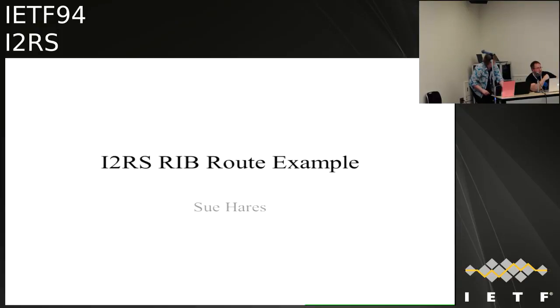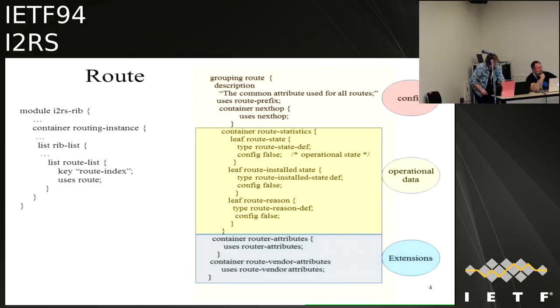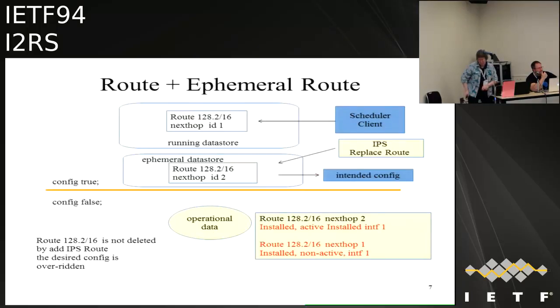So from a netconf perspective, and this is where I suspect the chairs will throw things at me if I get this wrong, the server owns the state. The client that had authorization to put that state is the one that put it there. But as far as the server is concerned, there are no properties of that state having been added by a specific user.